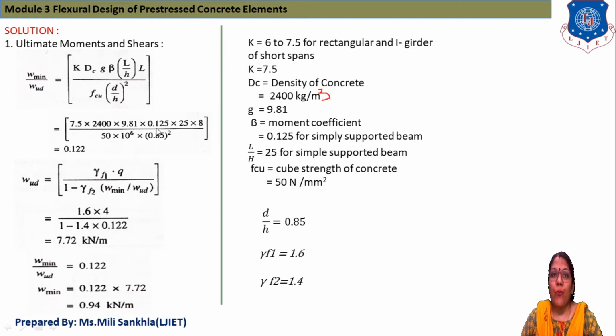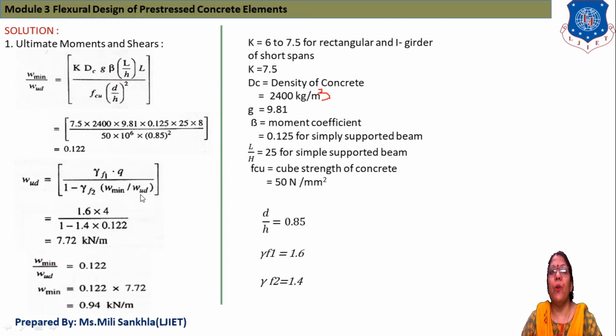Then beta coefficient 0.125, 25 into 8 divided by FCU, that is 50, d by H is equal to 0.85 square, and convert this 10 raised to 6. Our answer is 0.122.